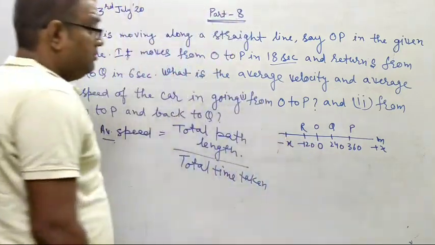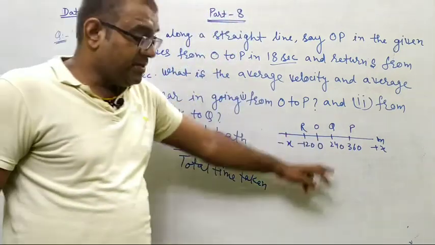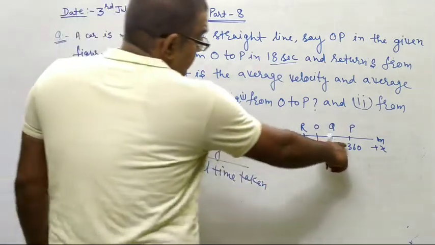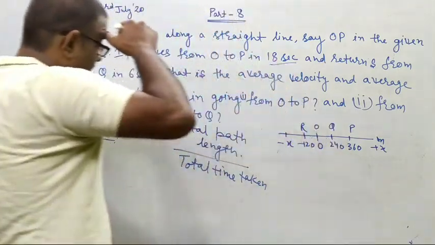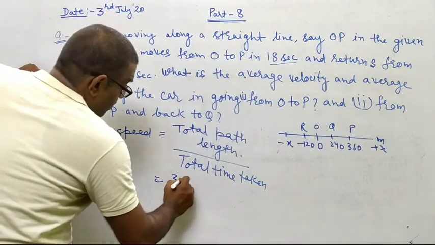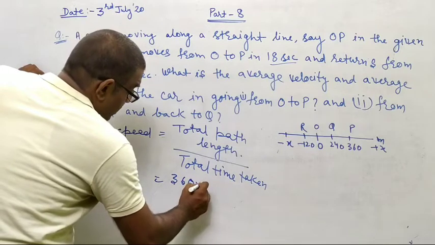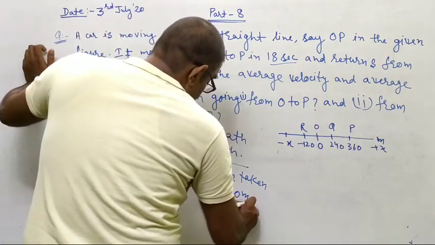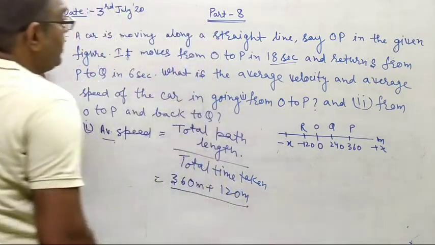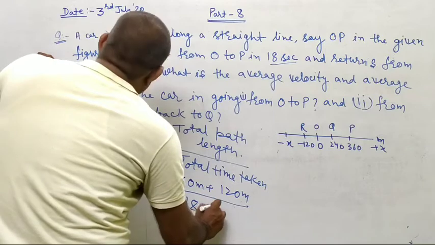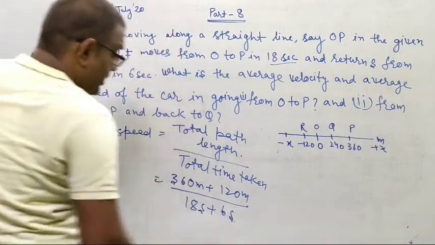360 plus 360 minus 250, that is 100. 360 minus 240, that is 120. So it is equal to 360 meter plus 120 meter, and the total time taken is 18 second plus 6 second.